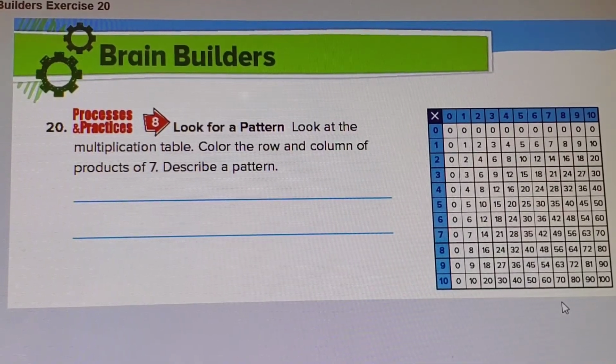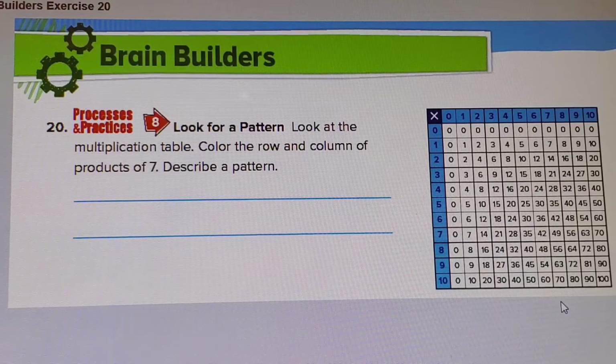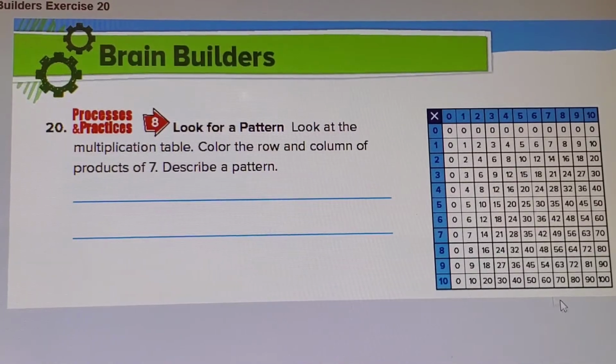So really look it over. 0, 7, 14, 21, 28, 35, 42, 49, 56, 63, 70. And please don't say they go up by 7 because we're counting by 7s. There's another pattern there for you to look for.